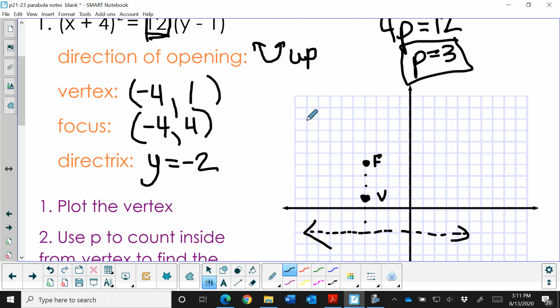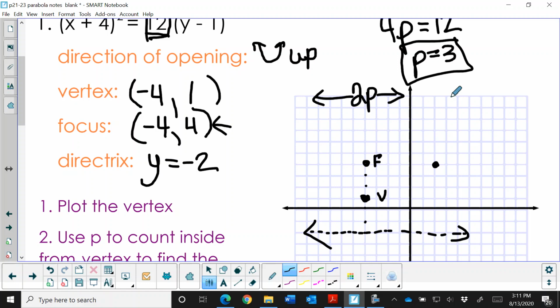Now, how do I know how wide to make the graph? Well, this is very easy to do. What you're going to do is go to the focus and count 2p to the left and 2p to the right. So I'm going to go to my focus and count 1, 2, 3, 4, 5, 6. 6 units away.